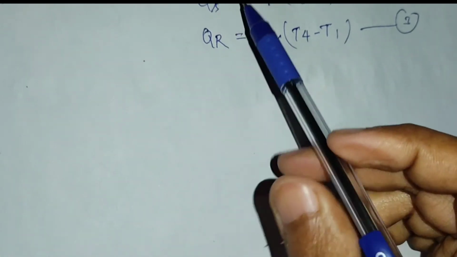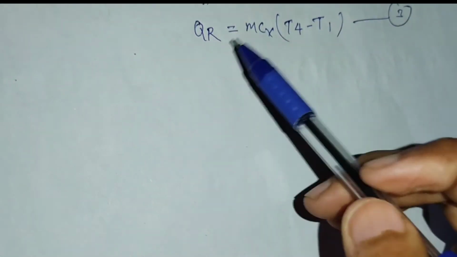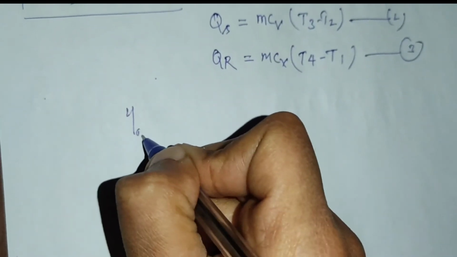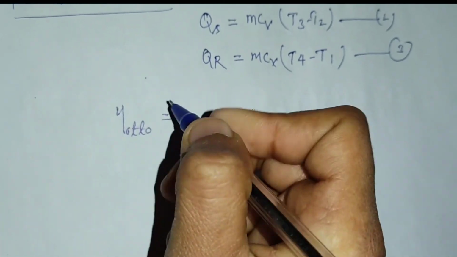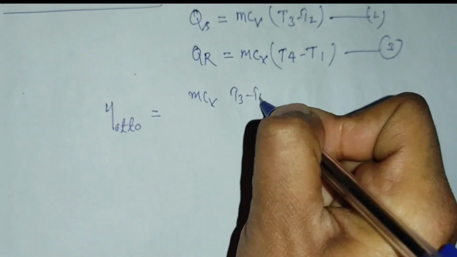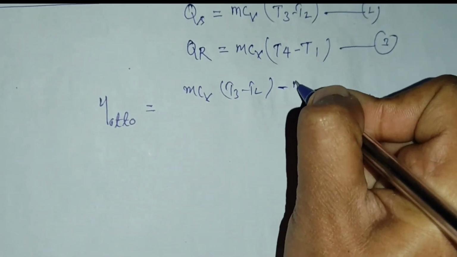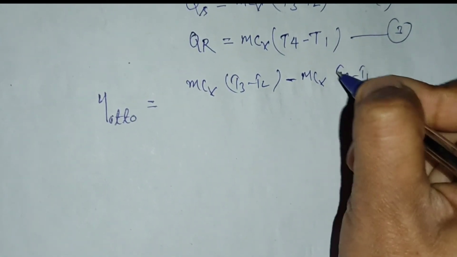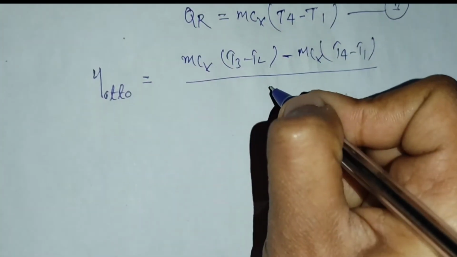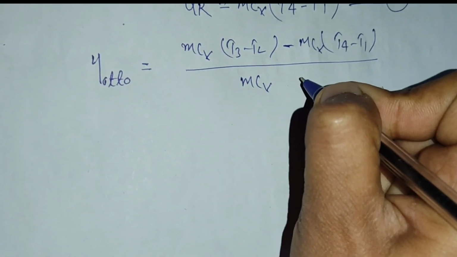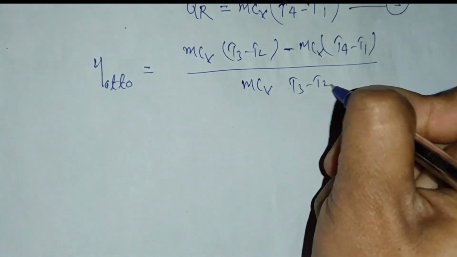Putting these two values of Qs and Qr in equation 1, eta Otto will be equal to [m Cv (T3 minus T2) minus m Cv (T4 minus T1)] upon m Cv (T3 minus T2).